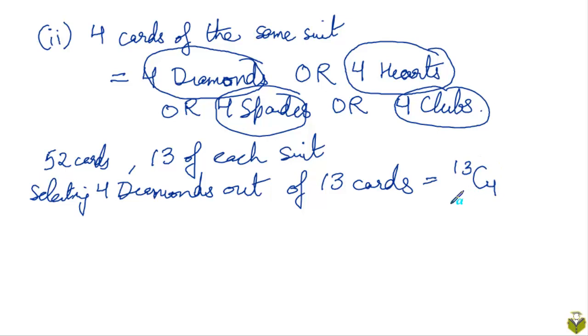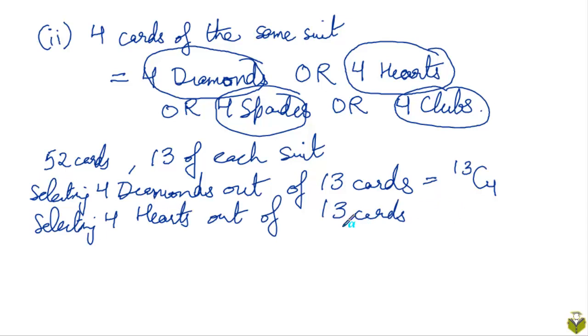That's it. Now the second, 4 hearts, is also the same, because you just have to do the same thing here. You have 13 cards of hearts and you have to pick 4 of them. So you have the same answer.